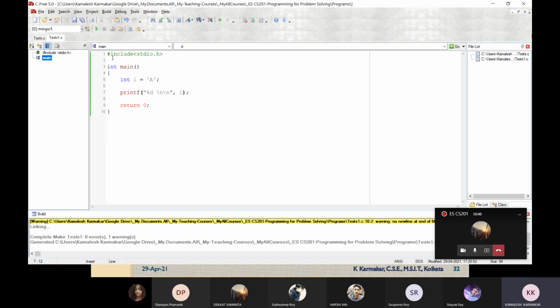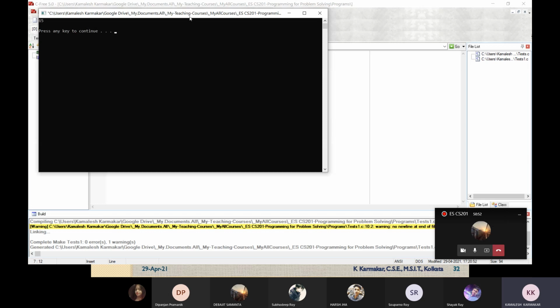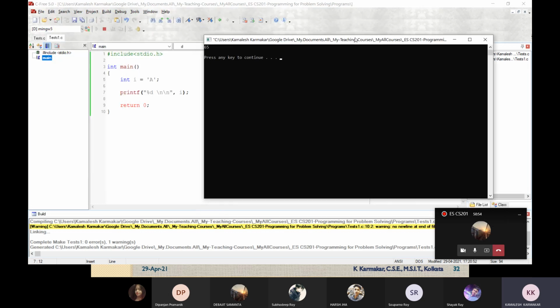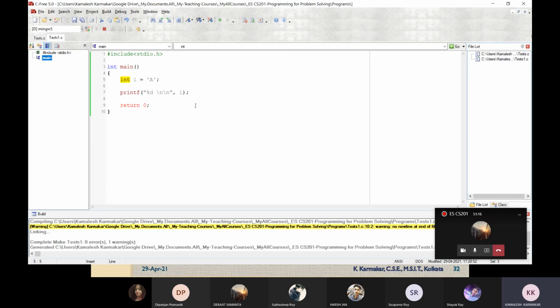What will be the data type of i? We are treating it as an integer. So with %d, it will be 65, its numeric value. Sir, it's an ASCII code number, na? Yeah, 65 is the ASCII code of capital A. Okay.